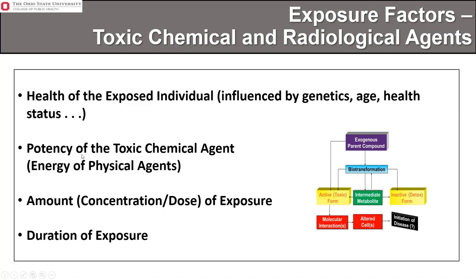And then the inherent harmful characteristics or potency of the toxic chemical, or the potency related to the energy of the physical agents. And of course, amount of exposure and duration of exposure. Okay, and then the complexity here is it's not always the parent compound resulting in the initiation of the disease.